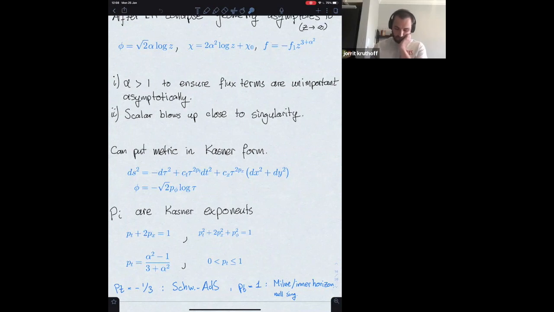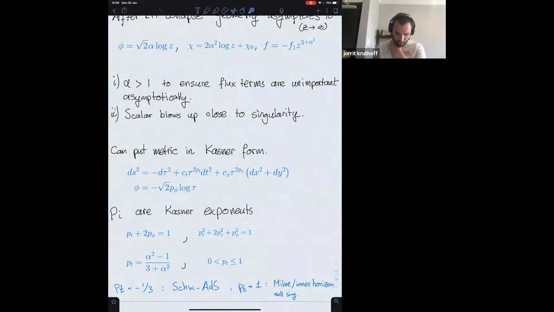Anyway, so the geometry asymptotically is a Kasner universe with this particular metric, and these exponents pt, px, and p phi are not all independent. A way of parametrizing them is, and so the relations amongst these Kasner exponents. And what we did is we parametrized this with the parameter alpha.